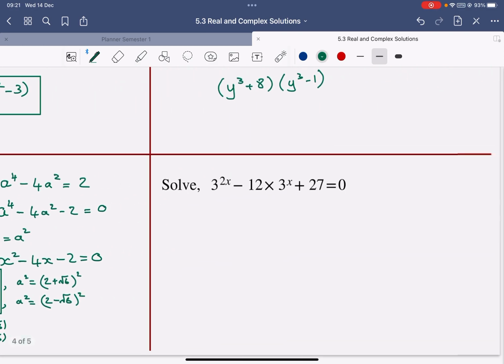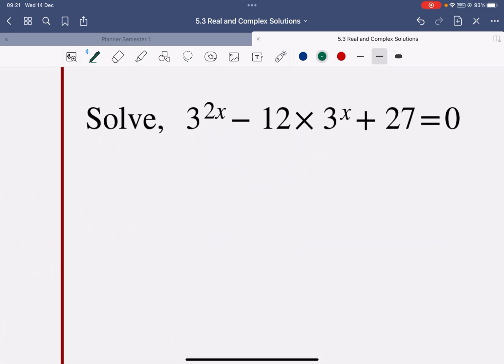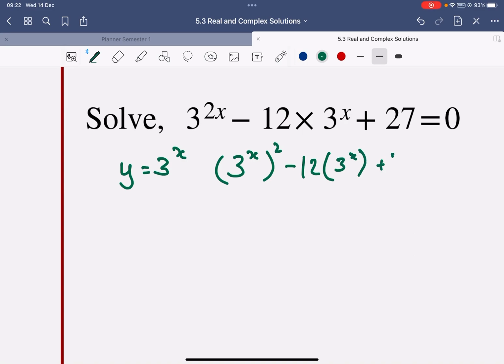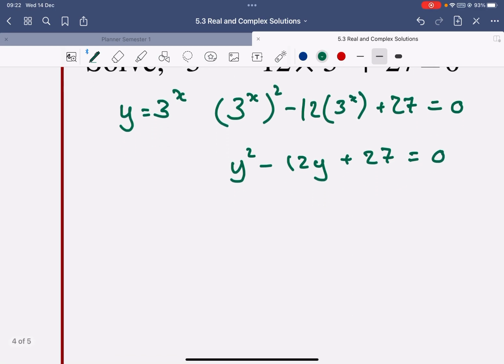Okay, moving on to the last one. We've probably come across these before with the indices. For this, we're going to make y equal 3 to the x, because that first one can be written as 3 to the x squared. So now we can replace this with y squared minus 12y plus 27 equals 0. 27 has factors 9 and 3, so we're going to have (y minus 3)(y minus 9).